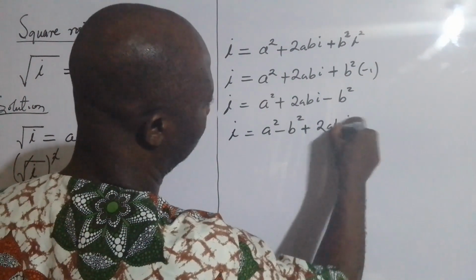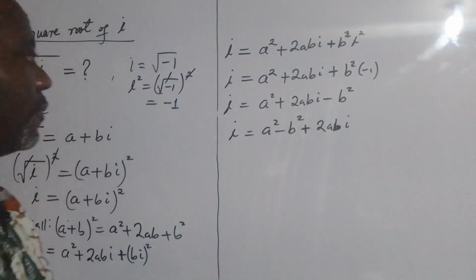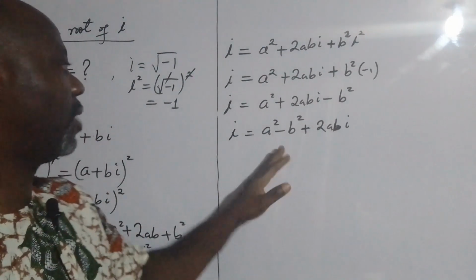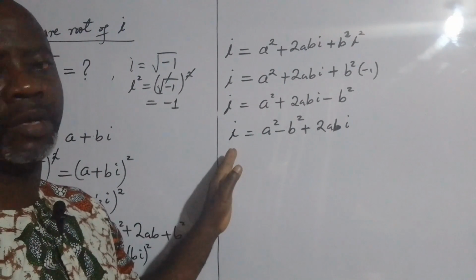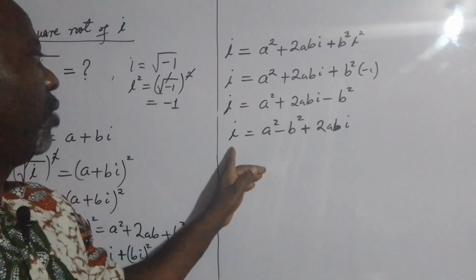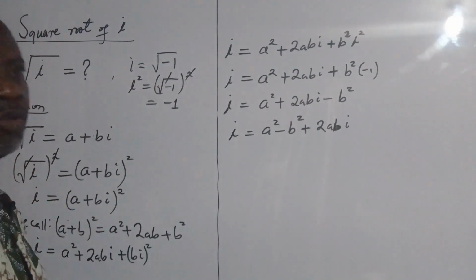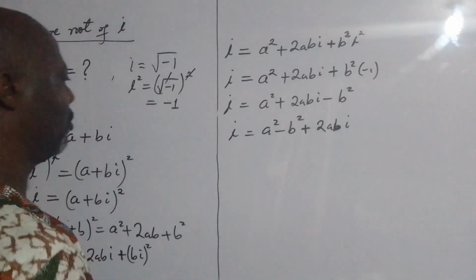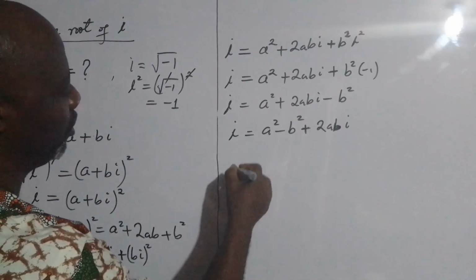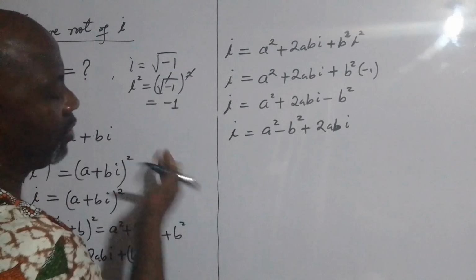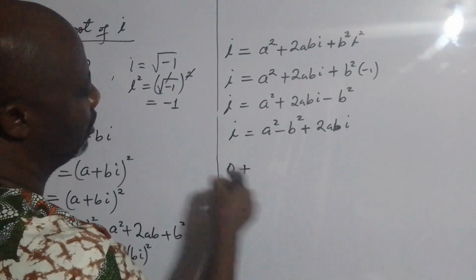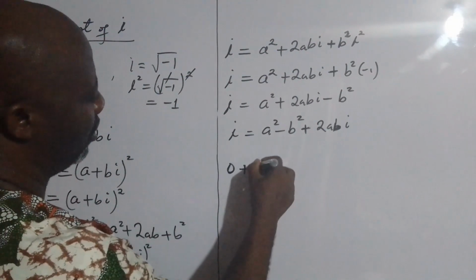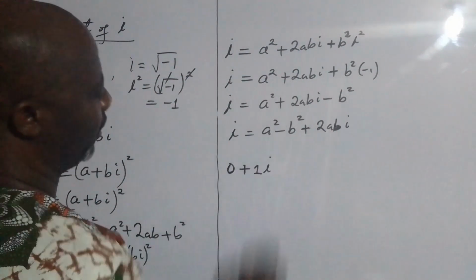+ 2abi. Now, since we can see that on the right hand side we have the real part and then the imaginary part, here on the left we only have the imaginary part. So let me do justice to what we have on the left. Since there is no real part, I can represent that as 0 + 1i.